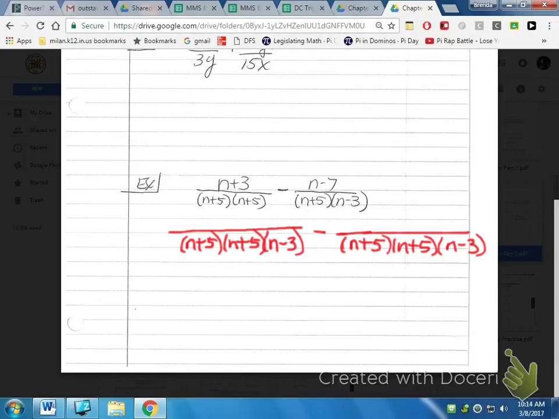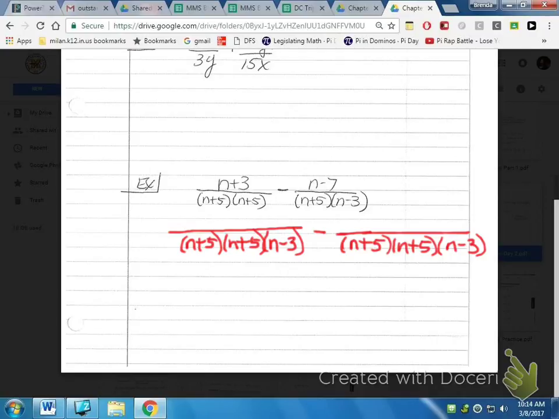Why is there 2 n plus 5s in the denominator on the one you wrote and not 1? I thought you would cancel out the n plus 5. No. What you're trying to do is find a common denominator.